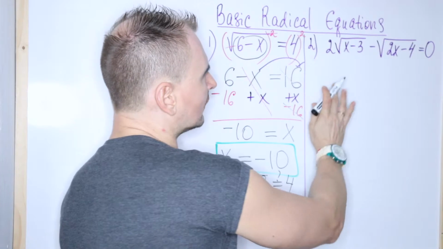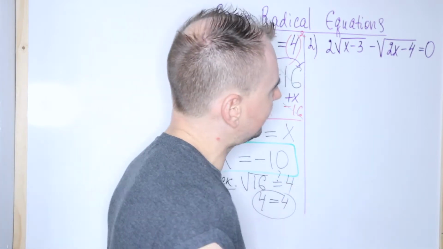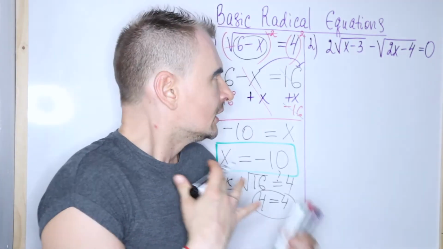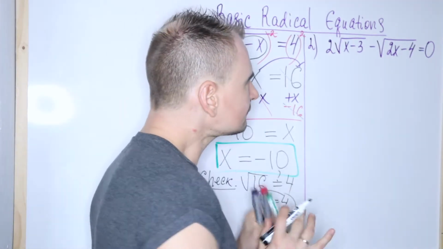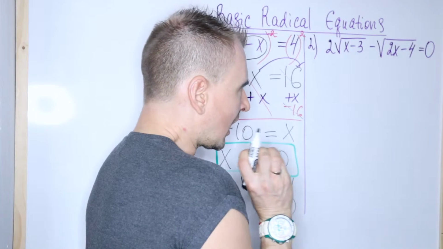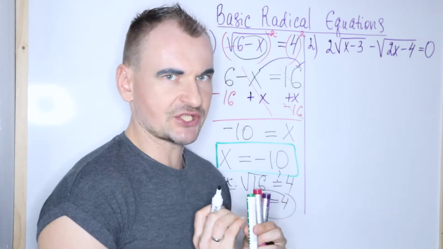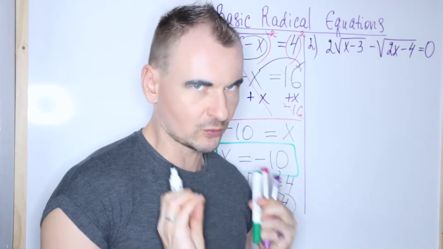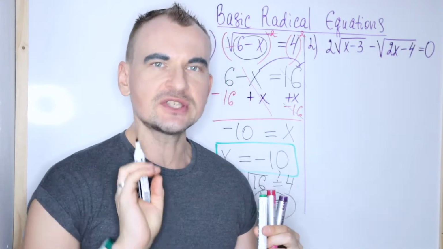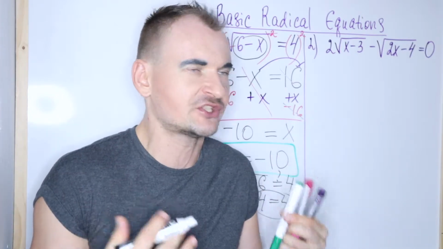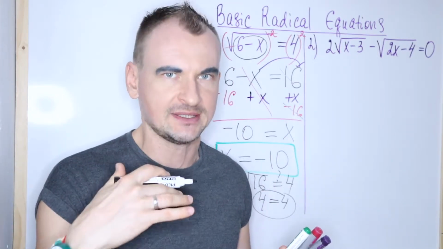Now, moving on, let's say you have been given something like this. Looks a little bit spooky and intimidating. Don't worry. As a good rule of thumb, the same idea, you want to get rid of these roots, and the way you would do it is simply taking the opposite, implementing the opposite operation. So basically you want to square it.